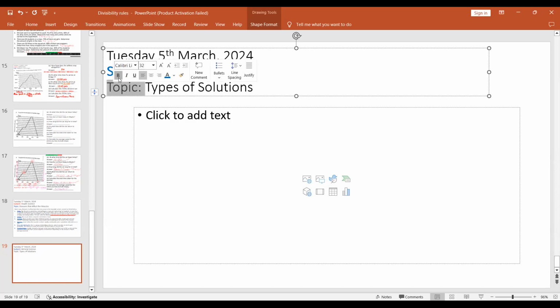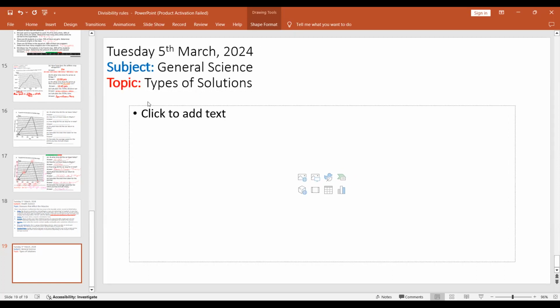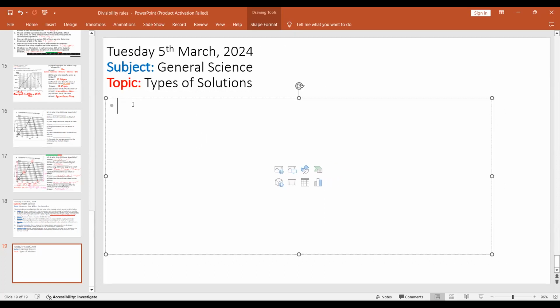So we're going to be looking at types of solutions. We're going to look at what we call an aqueous solution. Now let's define that. As its name might suggest, when we say aqua, what does aqua mean? Water. Very good. Like Aquaman, aquamarine, right? Aqua means water.